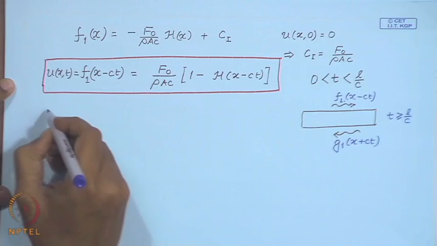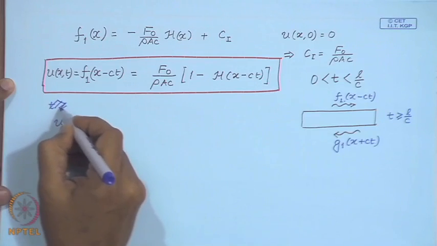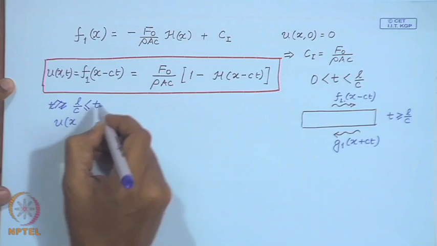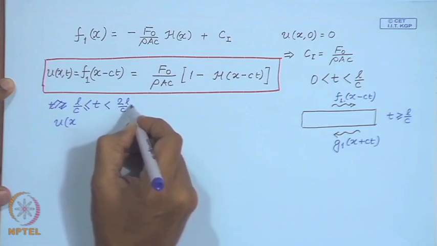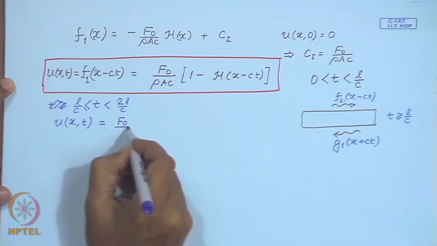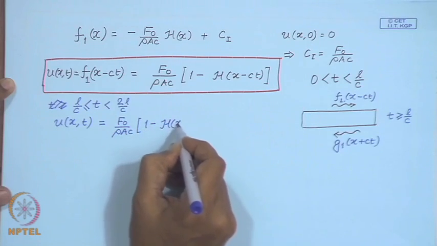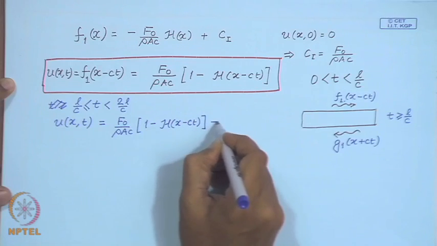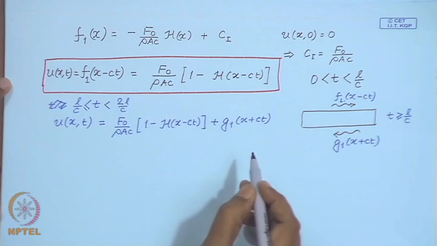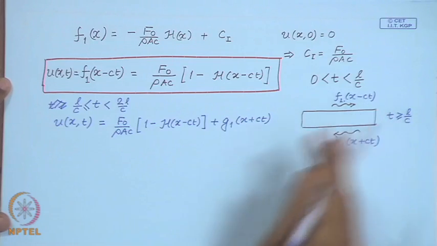wave field, so if t is, so this is the solution when the wave goes and hits the right boundary.